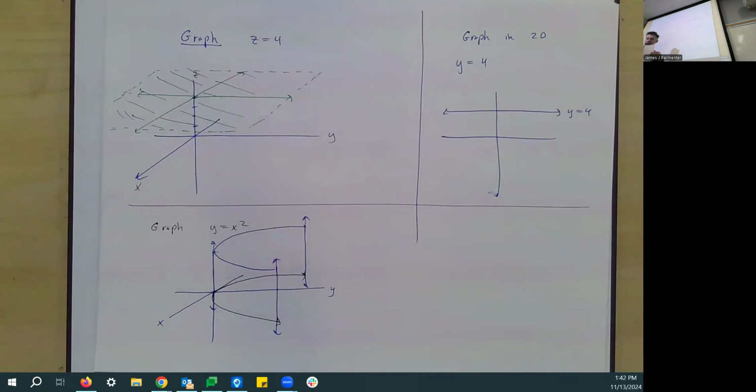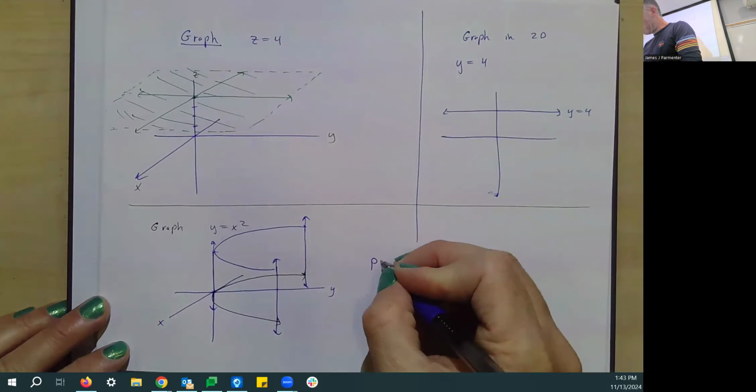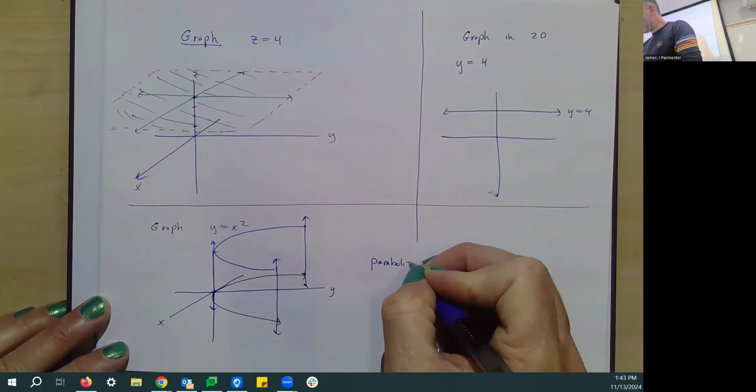It's a parabola, but it's like a sheet, which is called a parabolic cylinder. I don't know why they chose the name cylinder, but basically if you take any curve in two dimensions and extend it in a third dimension, you call it a cylinder, even if it's not cylindrically shaped like we would classically think. So this is a parabolic cylinder.